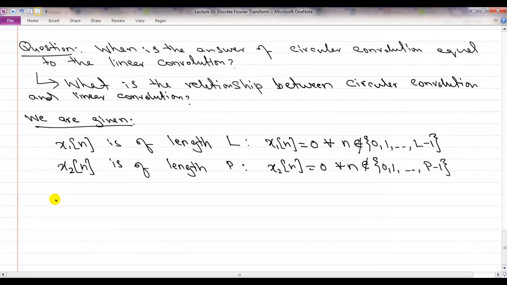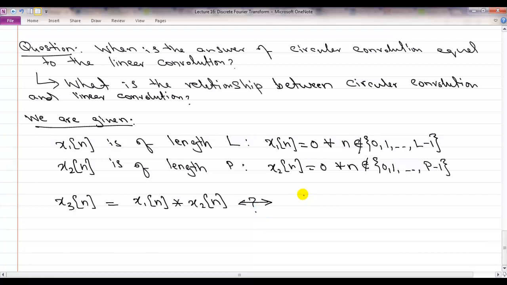And we are given the linear convolution x3 of n, which is equal to x1 of n and x2 of n. And we are interested in finding out, is there a relationship of this x3 of n to the circular convolution?